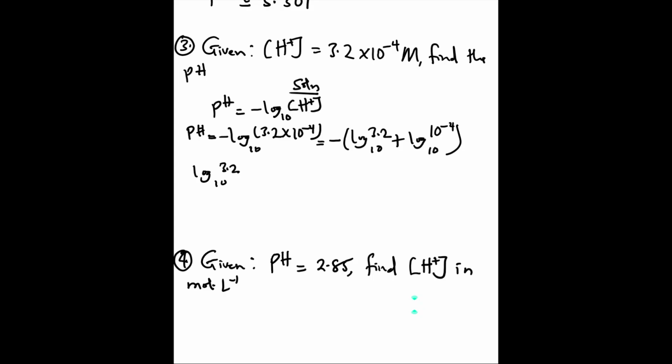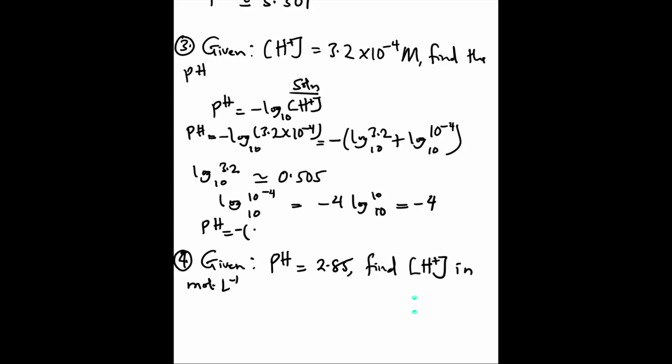Okay, so if we put log 3.2 base 10 in the calculator, we should get approximately 0.505. And we know that log 10 raised to the power minus 4 base 10 is just like this. You just bring the minus 4 to the other side. Minus 4 log 10 base 10. These two cancel each other out, so we have minus 4 for this, right?